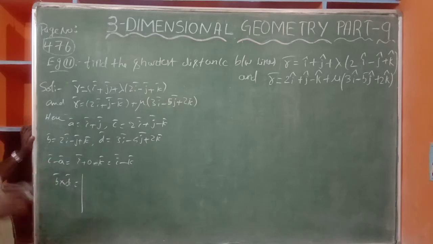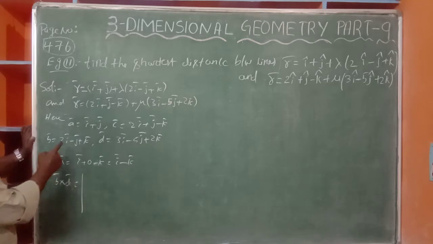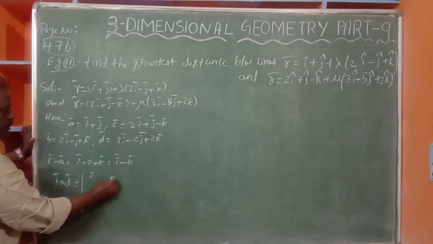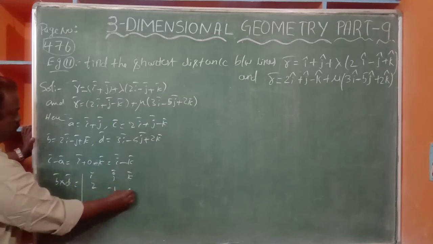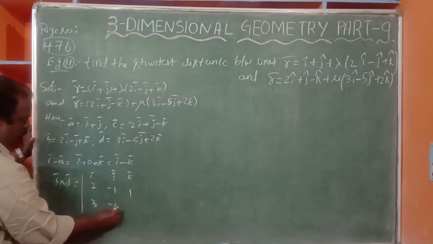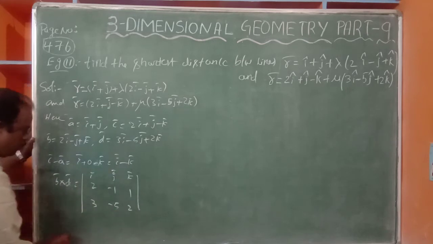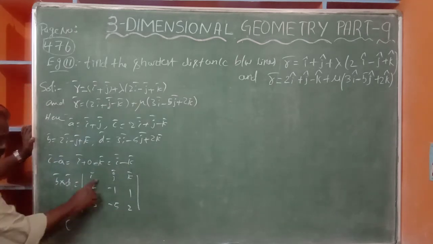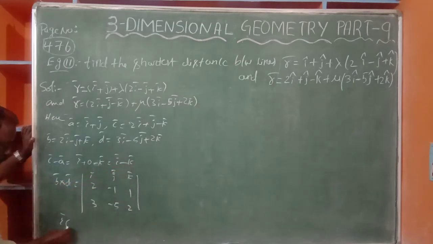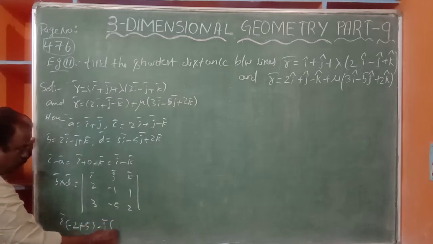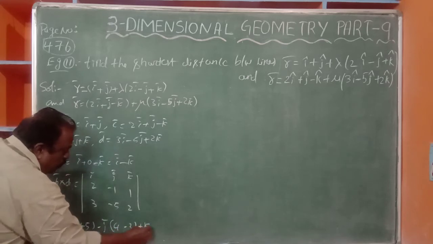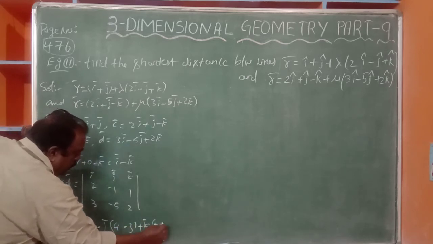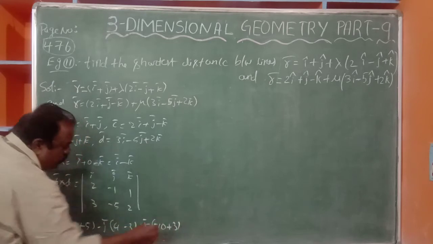B bar cross D bar is the cross product of two vectors, which is the determinant of i, j, k; 2, minus 1, 1; 3, minus 5, 2. That is i of minus 2 minus of minus 5, minus j of 4 minus 3, plus k of minus 10 plus 3.